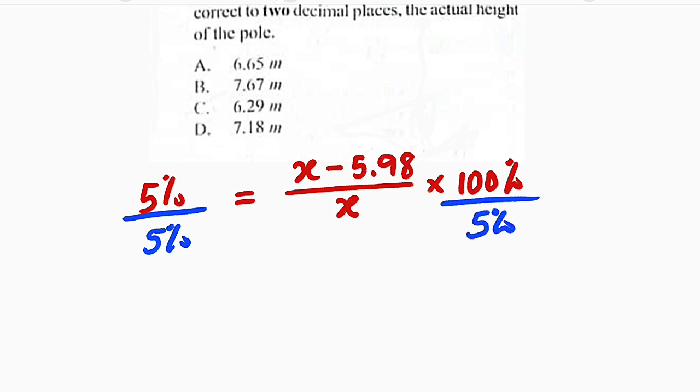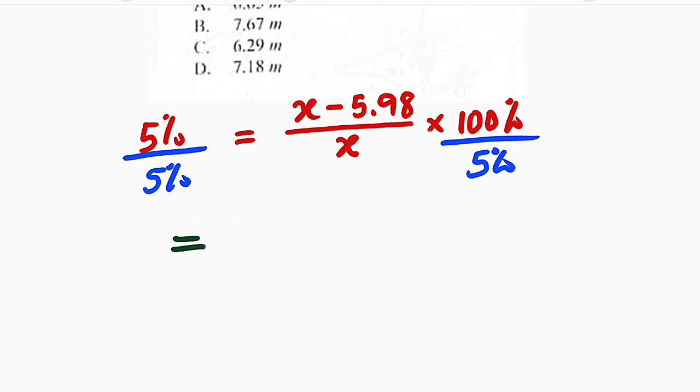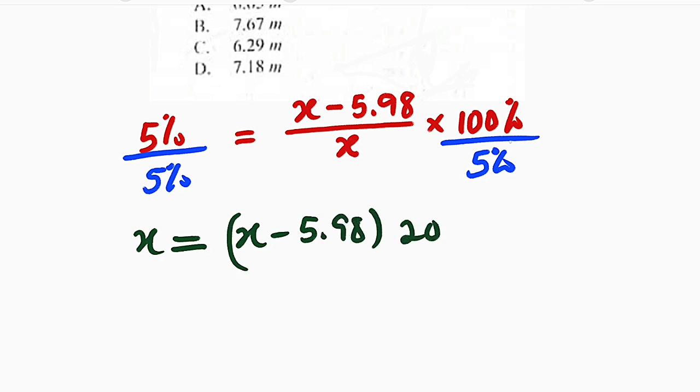To the left hand side we have 1, and that 1 can be multiplied by x if you cross multiply, right? So x times 1 is x. This is equal to x minus 5.98 multiplied by 20, because 100% divided by 5% is 20.